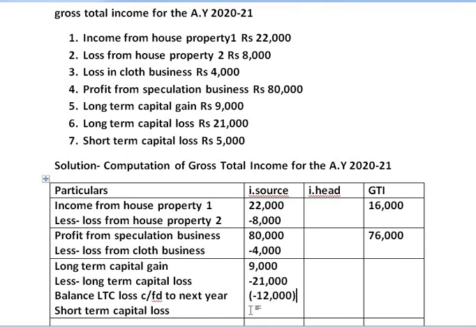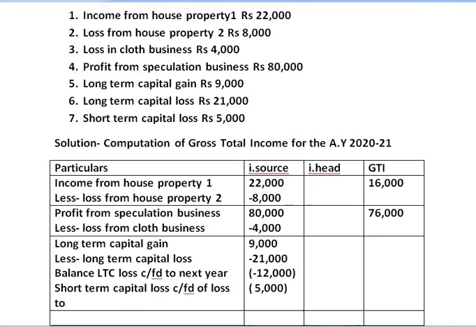There is no short-term capital gain, and that is the reason this 5,000 rupees has to be carried forward to the next year. Write down carry forward of loss to next year, 5,000 rupees.